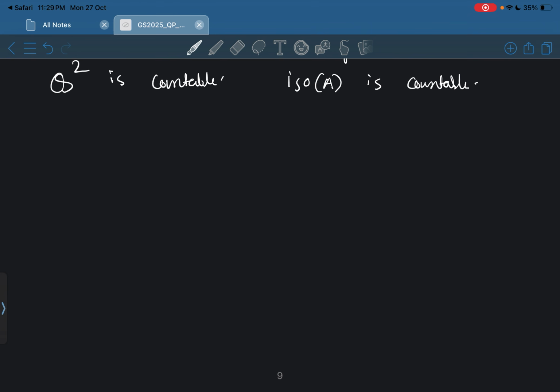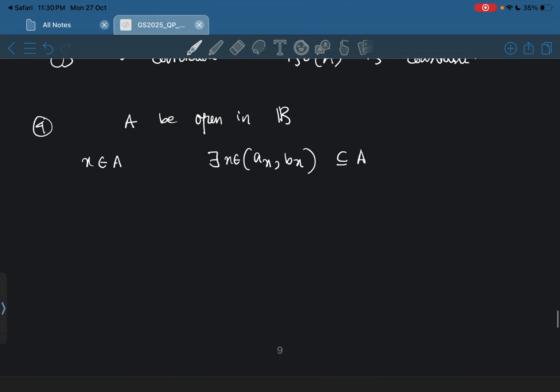Okay, so let A be open in R. Now if you take any point x in A, since A is open, there exists an open interval containing x inside A. Now this open interval is always connected, right? So that means it must be contained in some connected component.